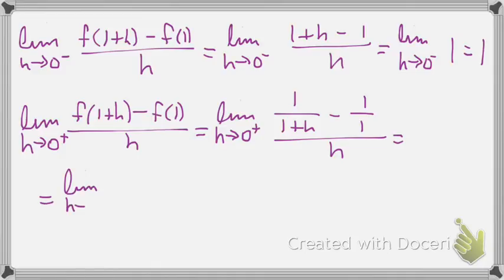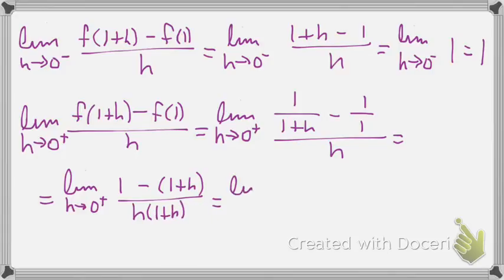So this one doesn't work out quite so nicely, but that's all right. What do I need? The LCD is 1 plus h. So 1 minus 1 plus h all over h times 1 plus h. Limit as h approaches 0 from the right.